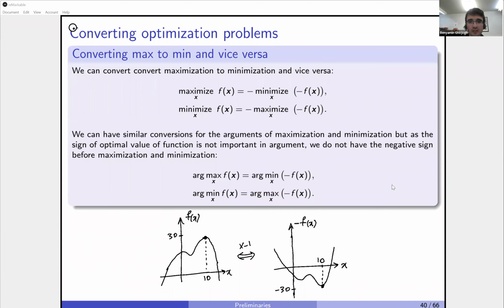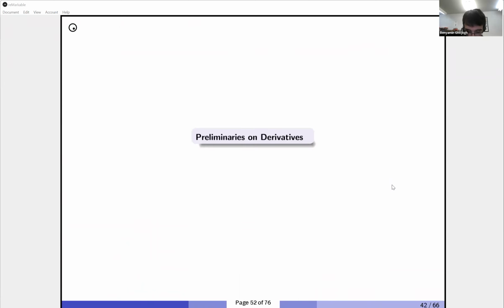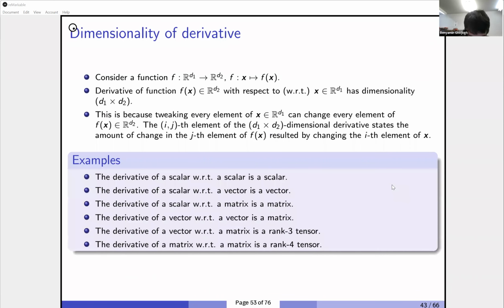Okay, so I think I already explained these 2 ways. Okay, dimensionality of derivative. Consider a function. So what is derivative? Derivative of a function with respect to something else.